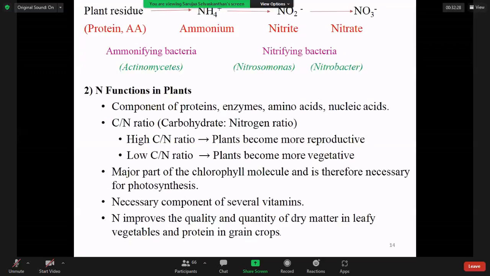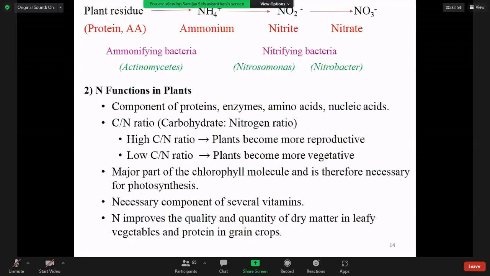Nitrogen is the main component for carbohydrates. No, it's the main component for protein. You studied these things now in the A level? Yes, ma'am. Better to go through those notes if you have your A level notes. Other than that, this is enough for you. Okay.